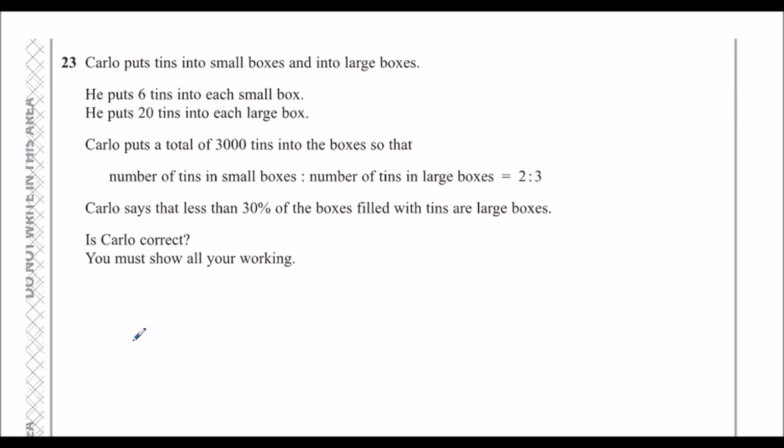Carlo puts a total of 3,000 tins into boxes, so that the ratio of the number of tins in small boxes to the number of tins in large boxes, small to large, is 2 to 3. Carlo says that less than 30% of the boxes filled with tins are large boxes. Is Carlo correct?